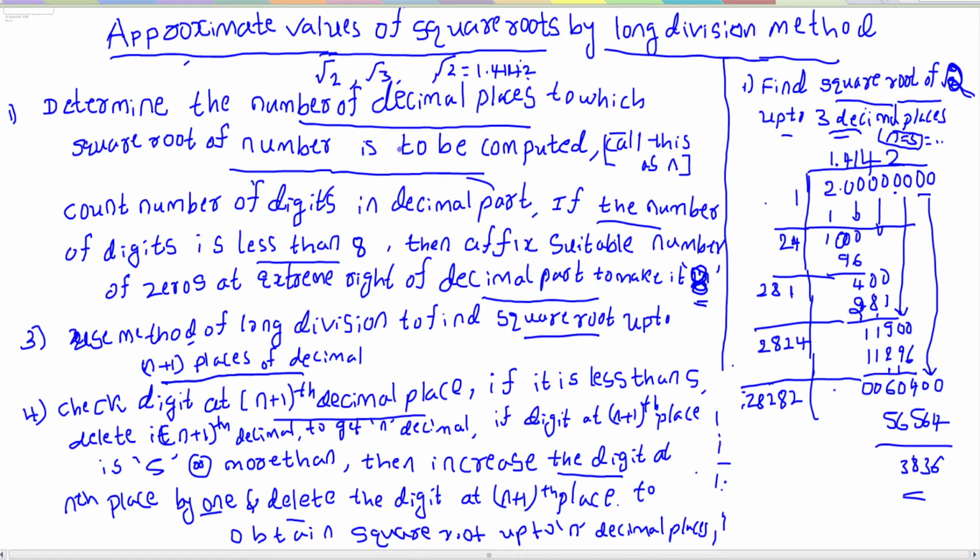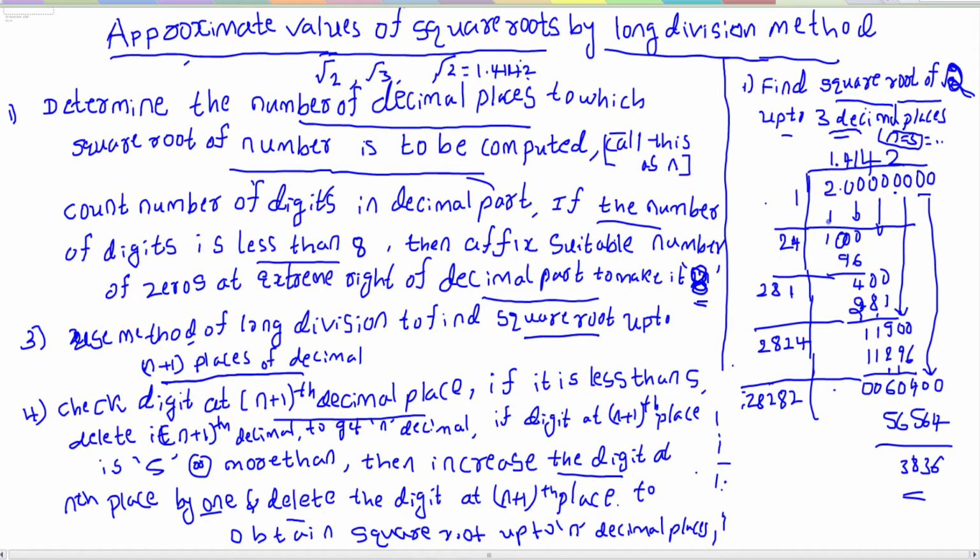Then you round it to 3 decimals. Once you decide to do the long division process for 2 up to 4 decimal places, you have to double the number of digits, so the decimal places become 8.